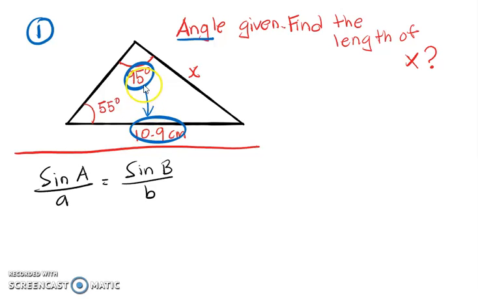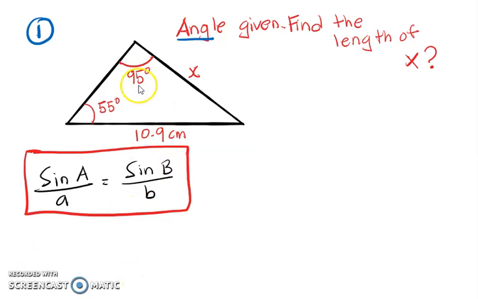So we have to use both of these and substitute in either A or B. It is up to you. Okay, so now this 95 is the angle and the 10.9 is the length, right? So what we can do here, we can substitute inside this formula.